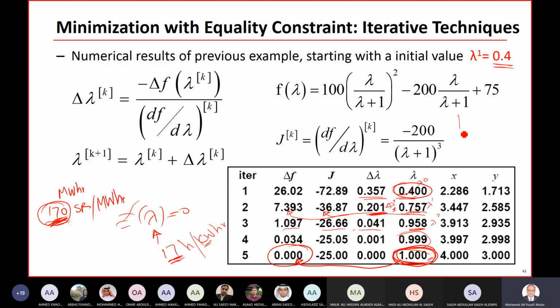The function could have a local maximum at -3 and a local minimum at -1. So if you start here, you may go this way or you go this way. You have to start and see.